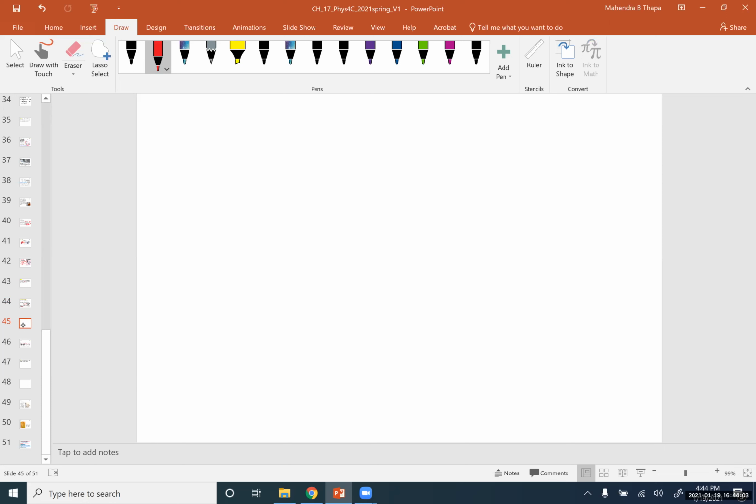Say, for example, this is the situation: you have this object hung from a ceiling. Its surface area is A, and say it is at a temperature of 500 Kelvin.